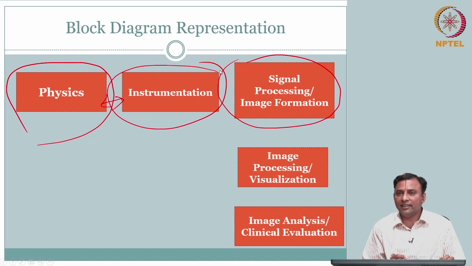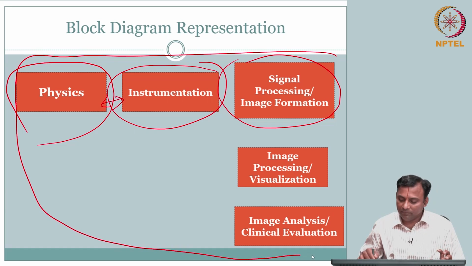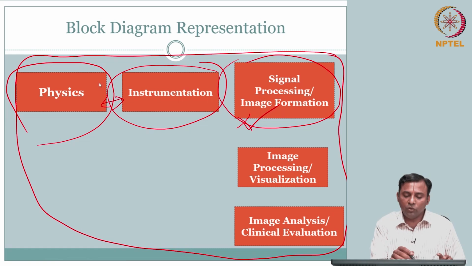When I say understand, you might think, oh yeah, I know signal processing. I am an electrical engineering major and I did a signal processing elective as well, so I am very good at signal processing. That is good, but when you look at the full imaging system, or this area of medical imaging, it is important that not only are you very comfortable with this part, you still need to know these two.